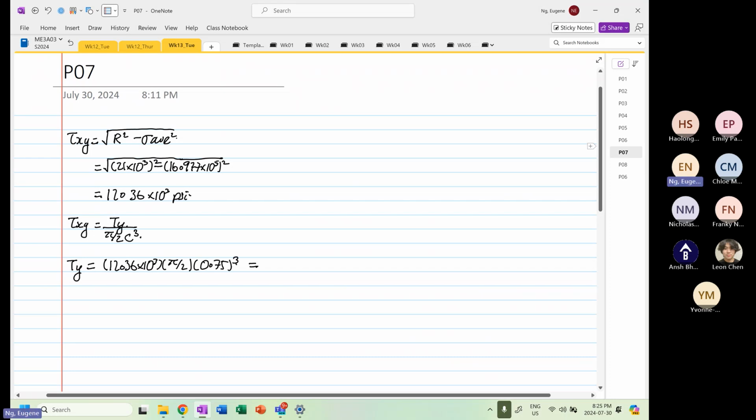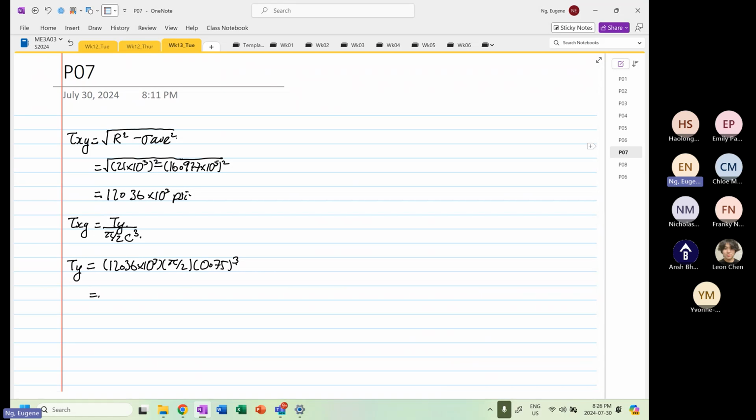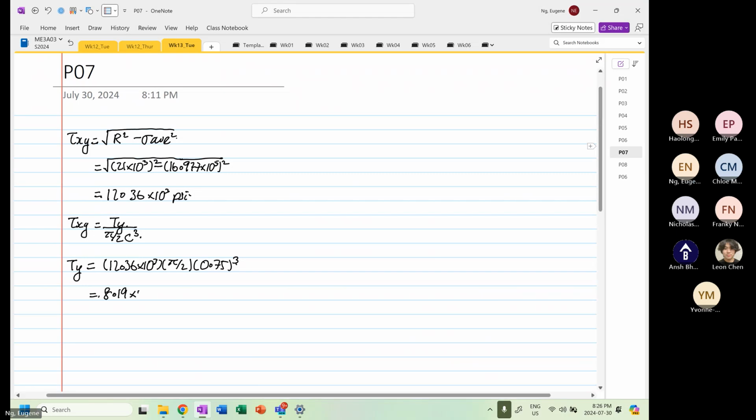So this will be equal to what? 12.36 times 10 to the power 3 times pi divided by 2 times 0.75 cubed is equal to 8.19 times 10 to the power 3 pound inch.